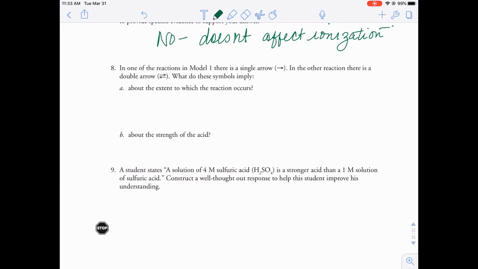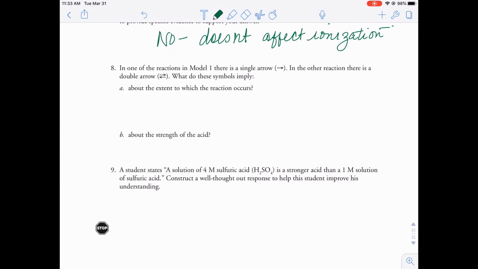In the first one, if it's 100% ionization, then the reaction's going to occur all the way to 100%. But the second one is going to be able to go back and forth at that 20% level. There's still some left to ionize, but at the same time, there are going to be some that unionize.